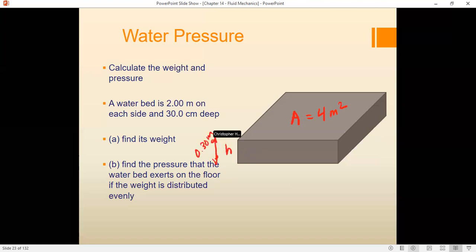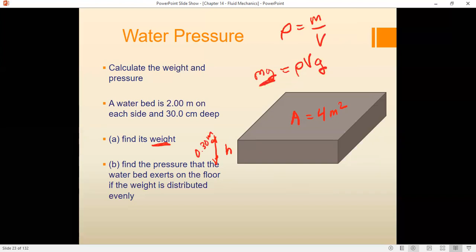Now, if density is equal to mass divided by volume, and we want to find the weight, we want to find mg, what we need to do is m is rho times V, and we're going to multiply that by g, okay? So we're trying to find this one right here, all right?